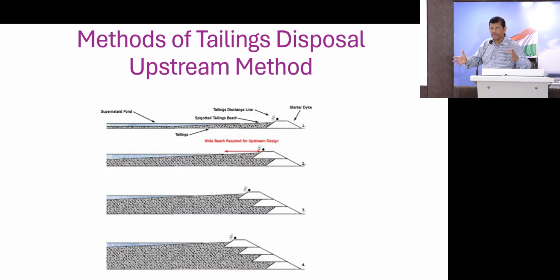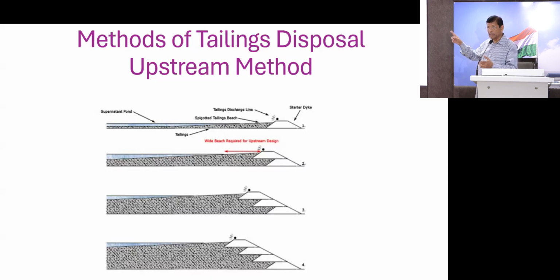Everything that was coming was deposited there, and you maintain that slope. Then the supernatant pond is any surface water or water from the tailings, because when the slurry settles, the material settles down and water stays on the top. That creates the supernatant pond, and the distance between the pond and the crest is called the beach.